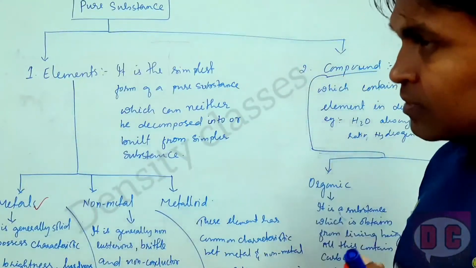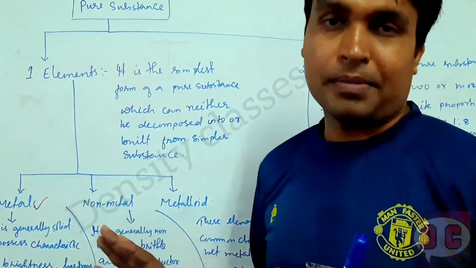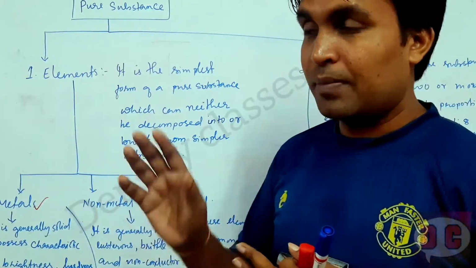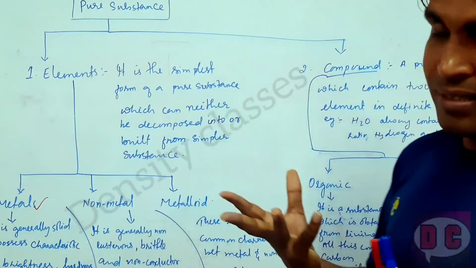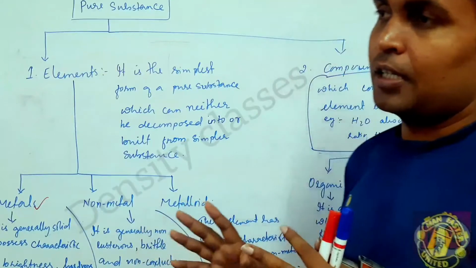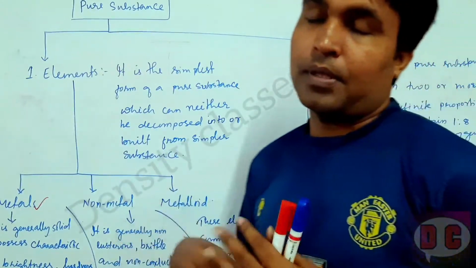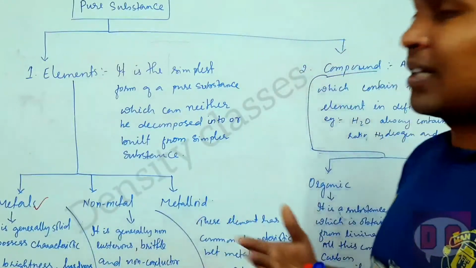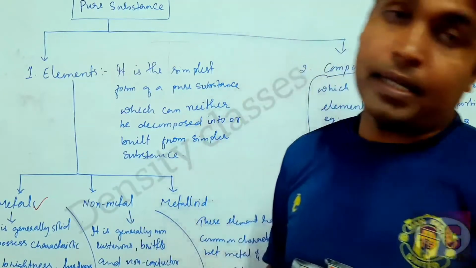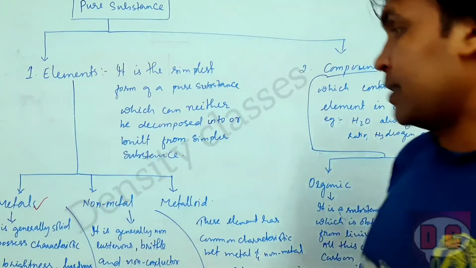Most metals, generally I'm telling you, are hard and lustrous, meaning their surface shines, and they conduct heat and electricity. They allow heat and current to pass through them. So those are called metals. Examples of metals are gold and iron.